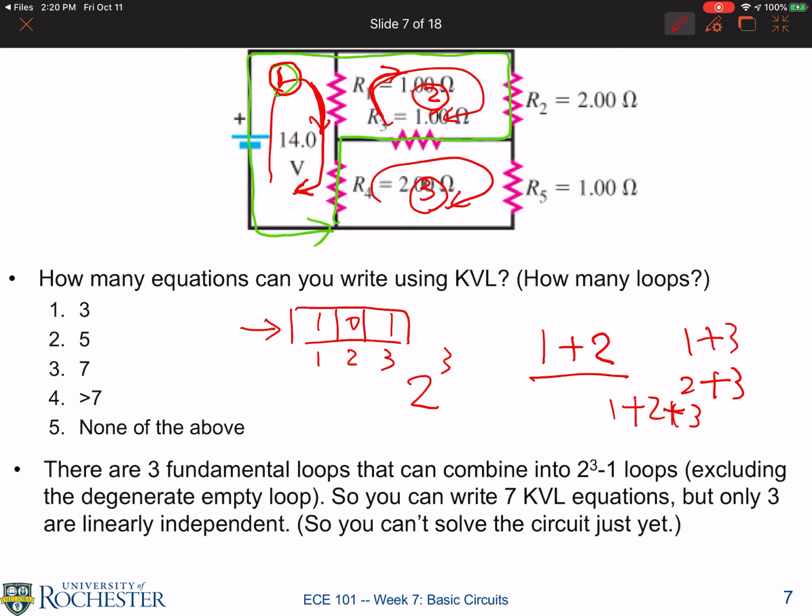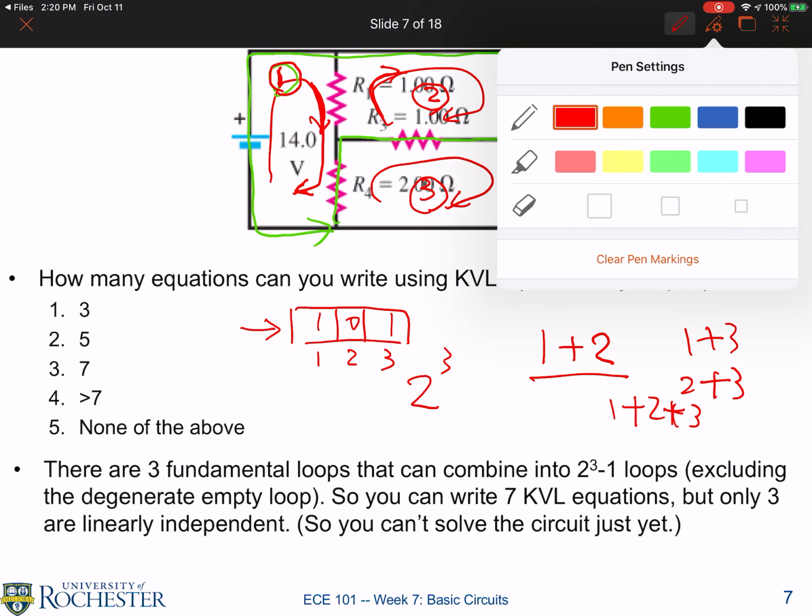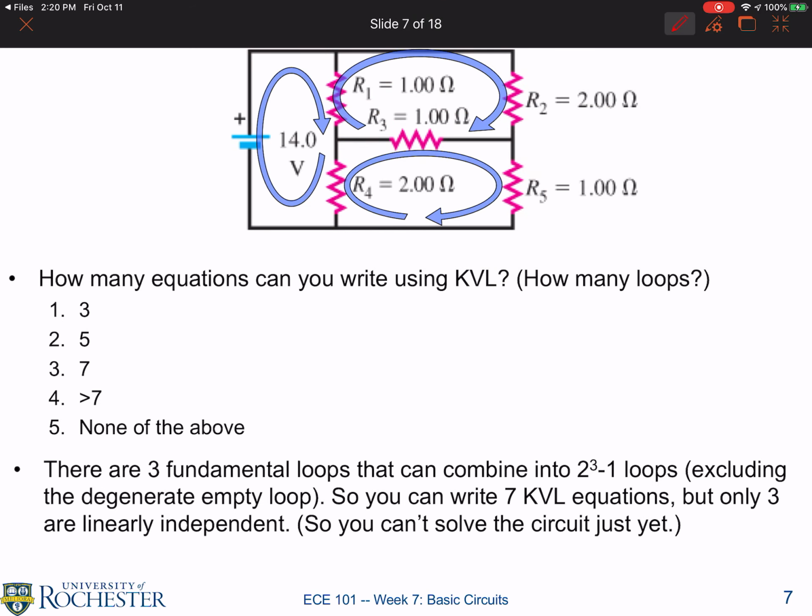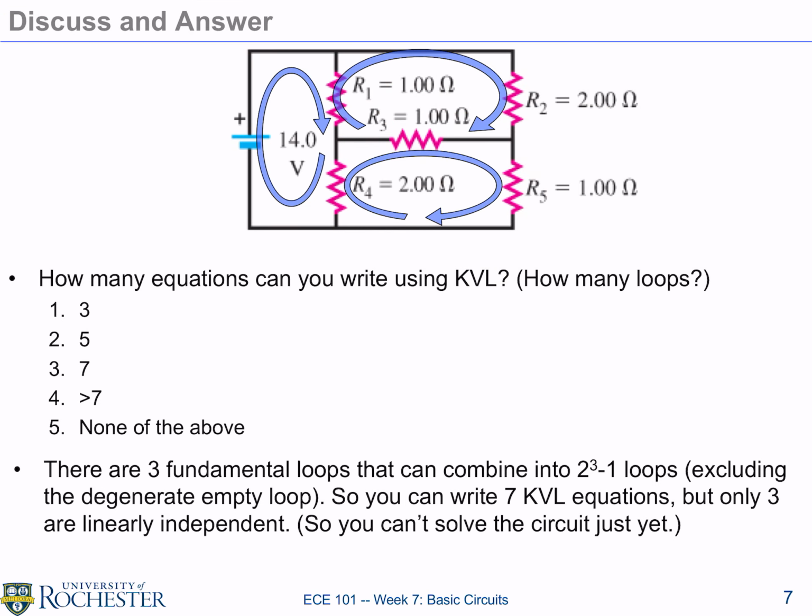0, 0, 0 is degenerate. I'm not going around anything, so my equation is nothing equals nothing, which is not very useful. So really, you can write 3 linearly independent equations. Linearly independent meaning any equation cannot be achieved by scaling or adding other equations.